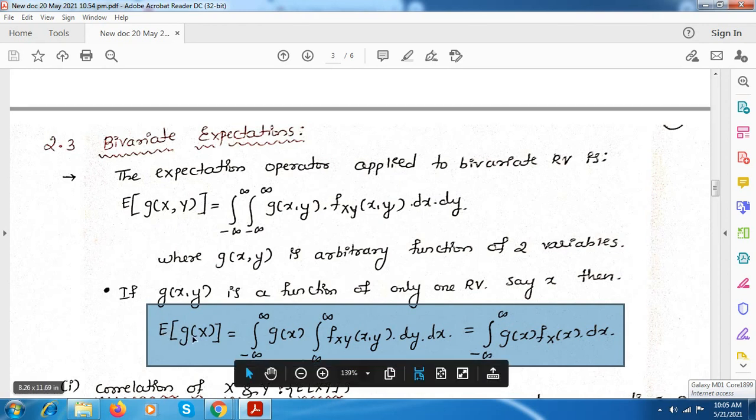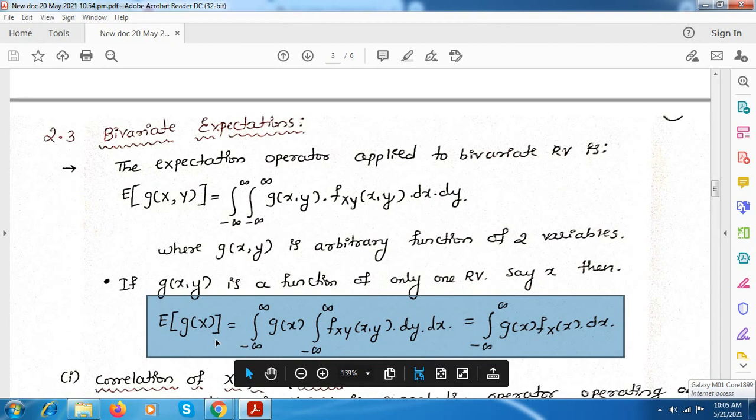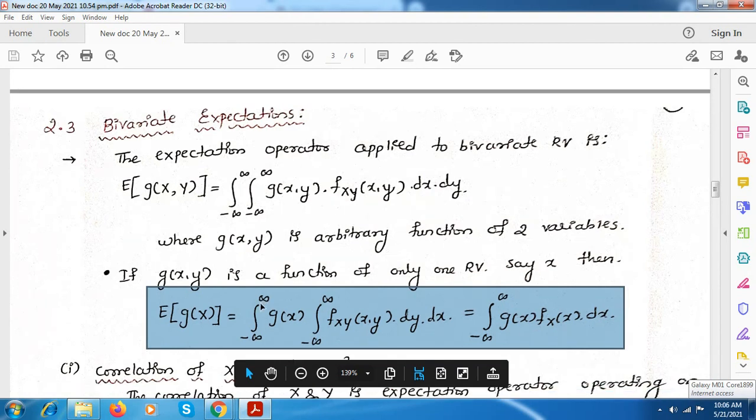Then you get E of g of x. So the integration here becomes minus infinity to infinity, only with respect to x. And this is the bivariate PDF itself, so it will be kept as it is. This is the joint PDF. And here dy into dx.